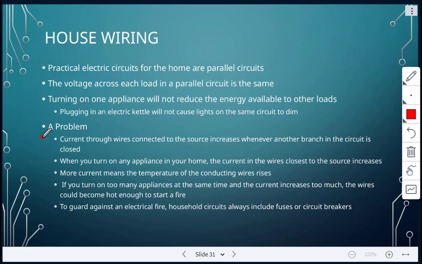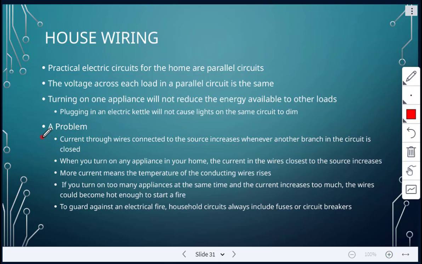So when you turn on any appliance in your home, the current in the wires closest to the source will increase. Therefore, the temperature of the conducting wires will rise. If you turn on too many appliances at the same time, and the current increases too much, the wires can become hot enough to start a fire.